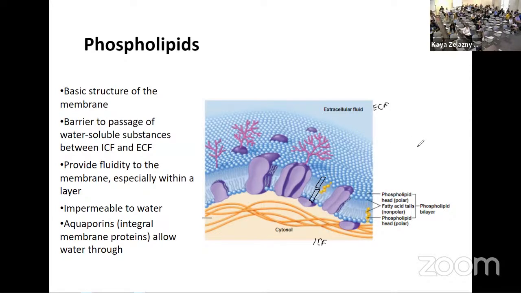Okay. So the phospholipids form a really difficult barrier for water-soluble substances. Water is a polar molecule. So in H2O, that oxygen is highly electronegative compared to hydrogen. It kind of hogs electrons, creating these subtle little charges on the molecule.